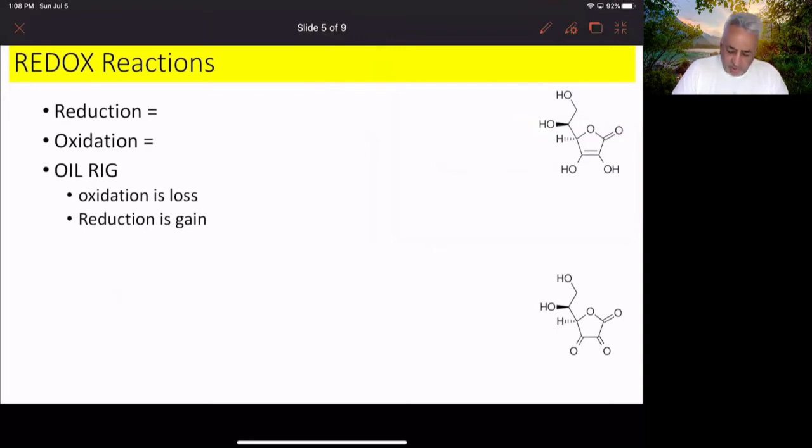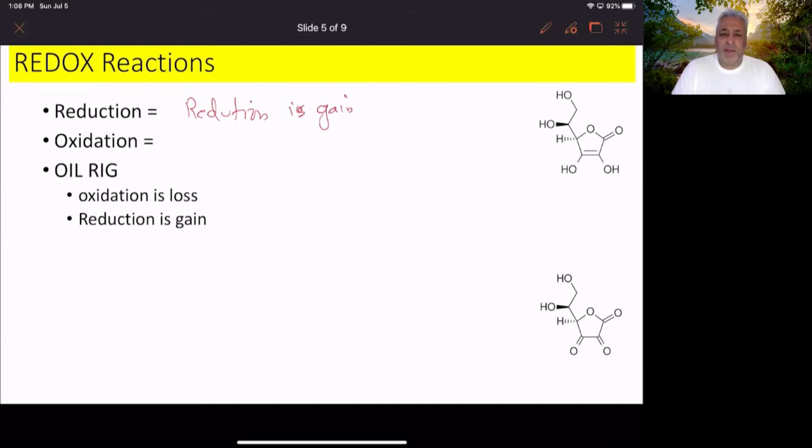So first thing to remember is reduction is a term related to electrons. So reduction is gain of electrons. So whenever an entity has more control over its electrons, or it gains new electrons, that's the key to understanding redox reactions.